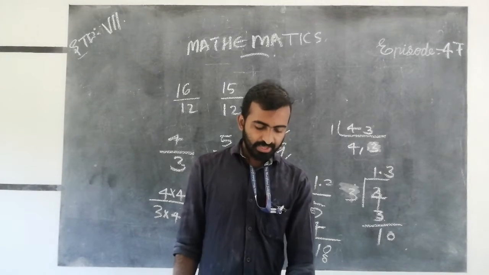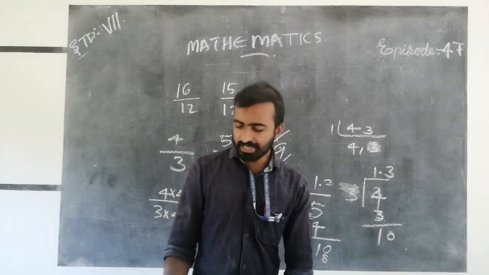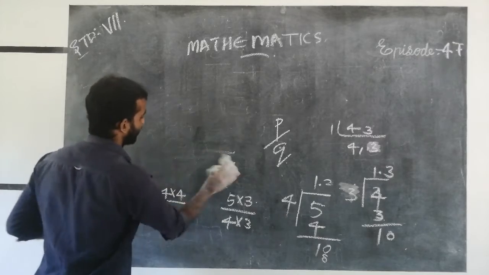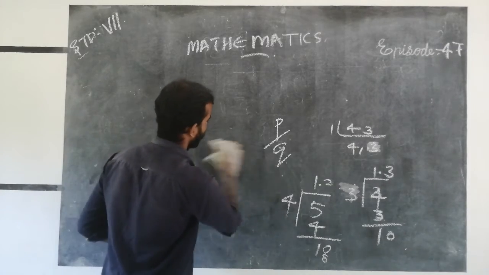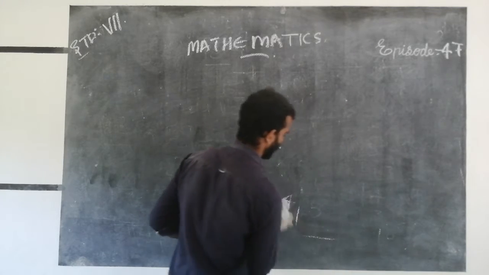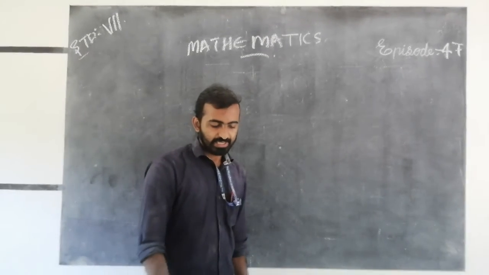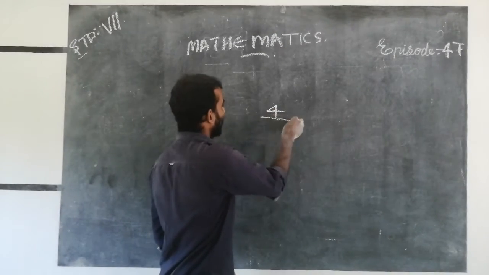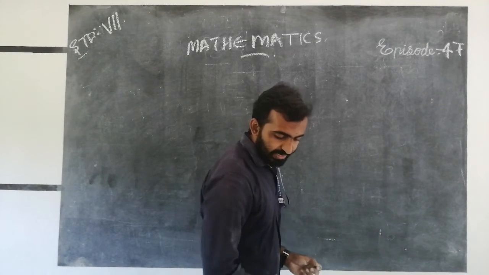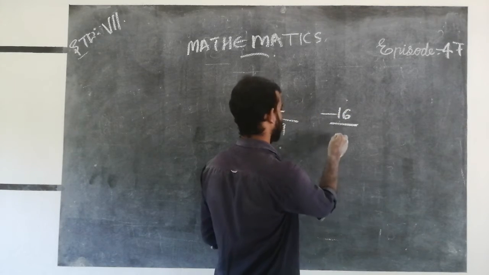For example, take 4 by negative 9 and negative 16 by 36.